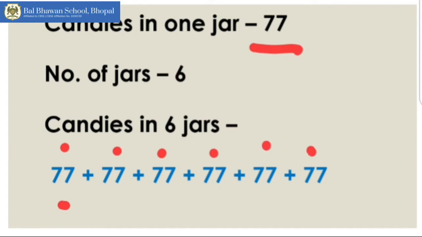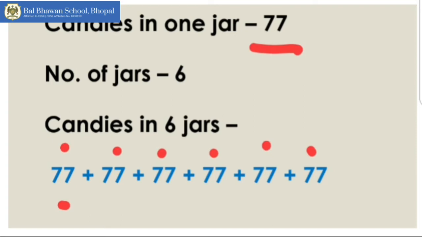For finding out the total, we are doing repeated addition. We have already explained repeated addition to you, so you know that it is for avoiding adding this 77 again and again.